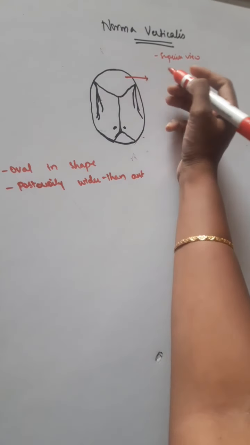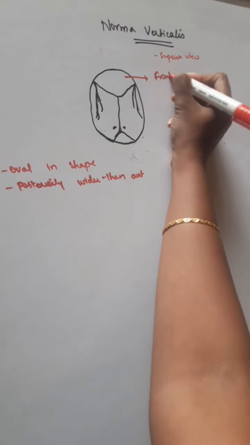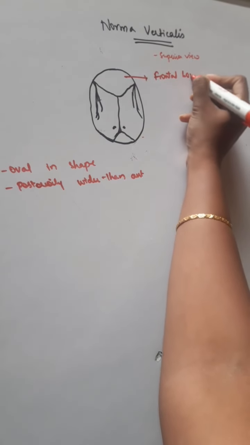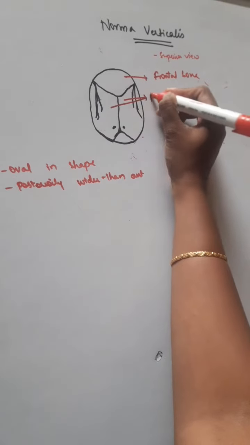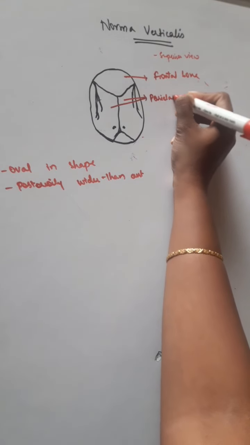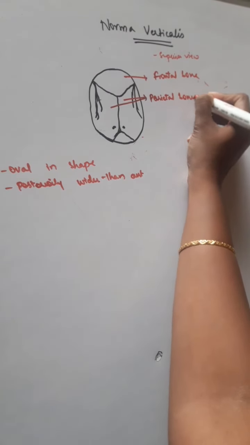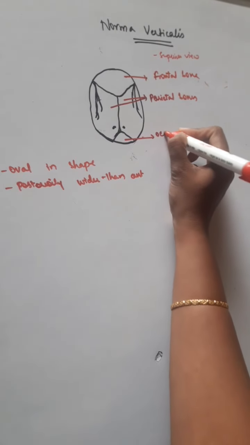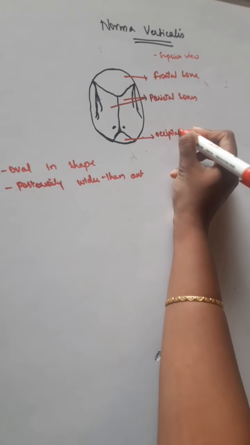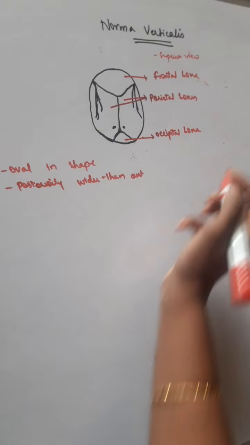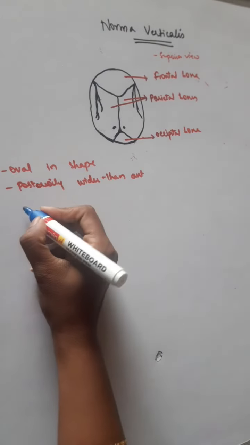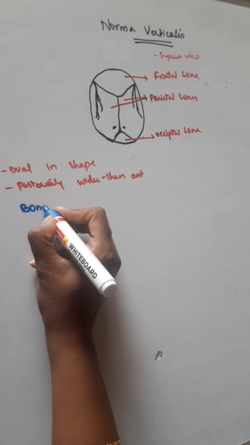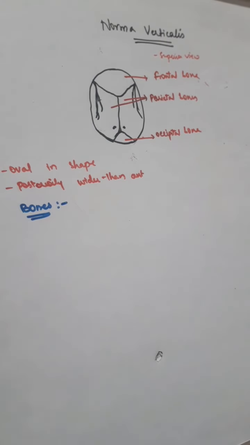This is the frontal bone. Both of these are parietal bones, and this is the occipital bone. So, what are the bones that can be seen in norma verticalis view or superior view?